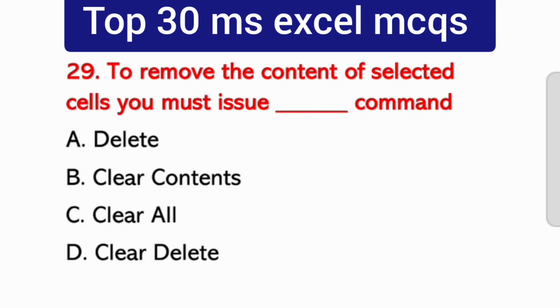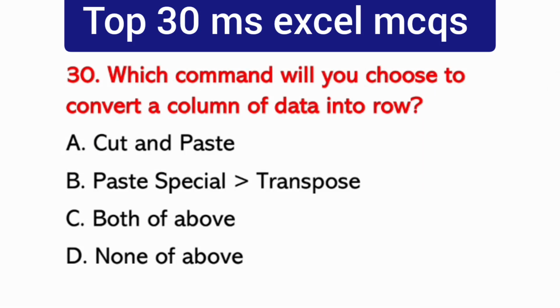Options: delete, clear content, clear all, clear delete. Correct answer: clear content. Which command will you choose to convert a column of data into row? Options: cut and paste, paste special, transpose, both of above, none of above. Correct answer: paste special, transpose.